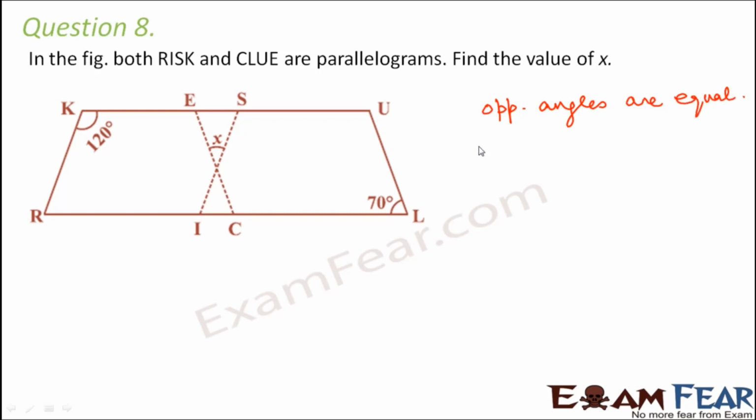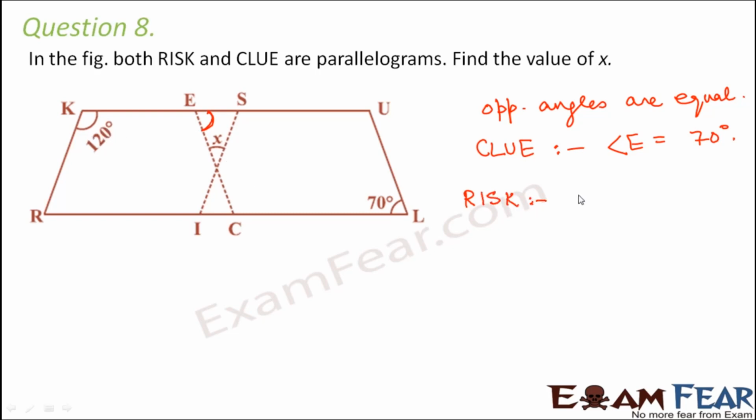Now when you look at the parallelogram CLUE, you would see that angle E is equal to 70 degrees, because these are opposite angles. Now let us focus on the other parallelogram, that is RISK.